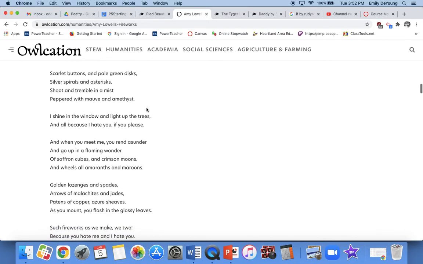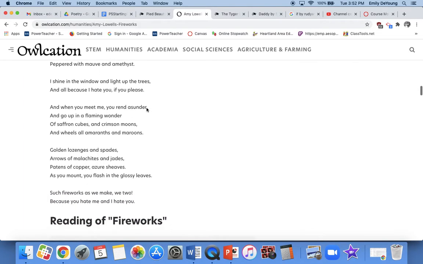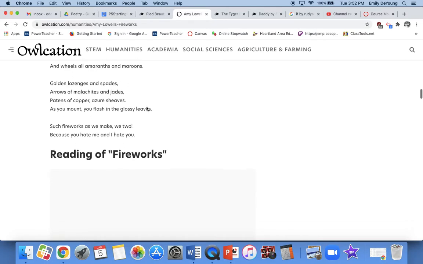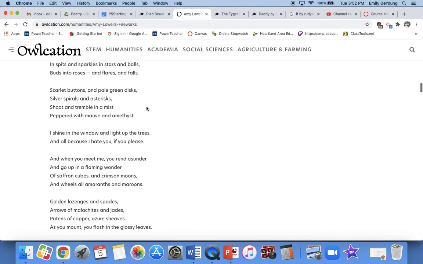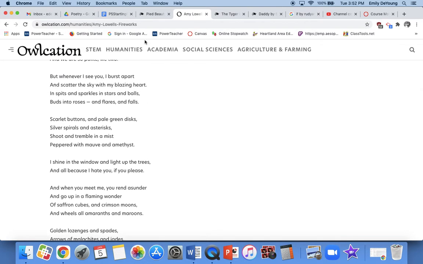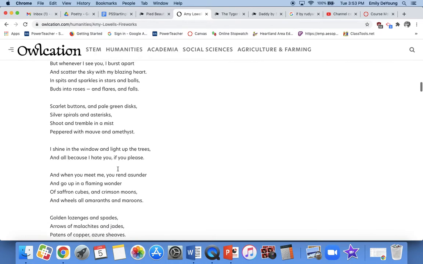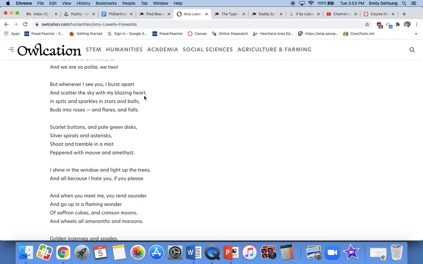I'm gonna say that it is inventive in the word choices and creativity that way, but not for the idea, because it's like people fighting with each other and comparing that to fireworks, and that's a common simile I think people make, or metaphor. So I'm going to use this line I like right here. Scatter the sky with my blazing heart.